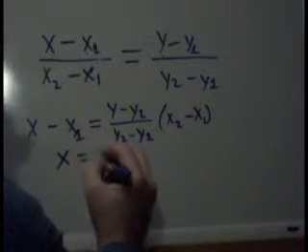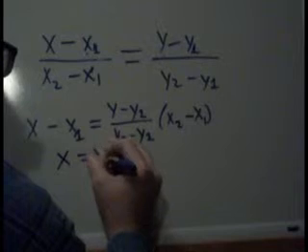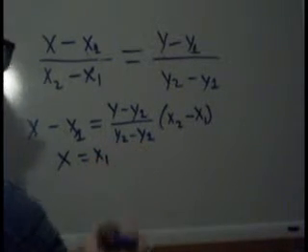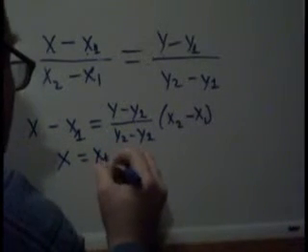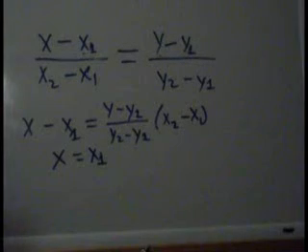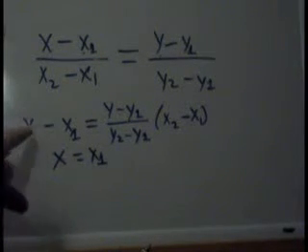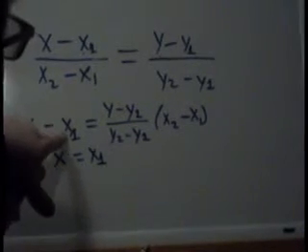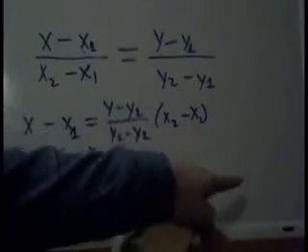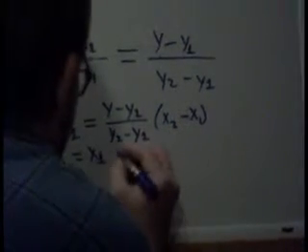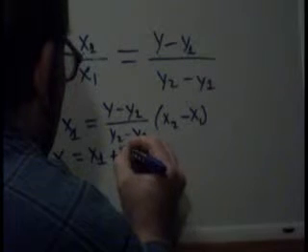X equals x1, and you say, well, gee, if it's subtracted here, what you're going to do is add x1 to both sides. That's what you're going to do. Now, you're going to add this.